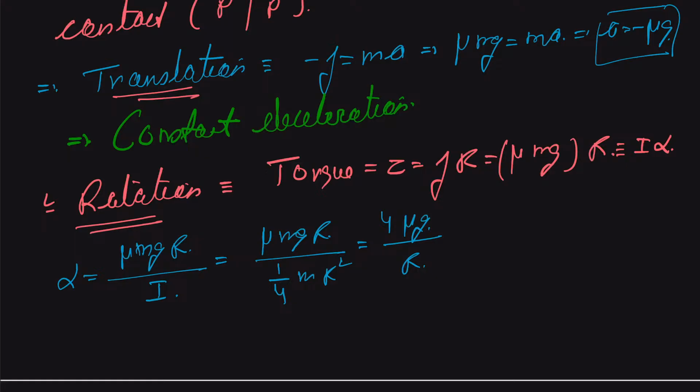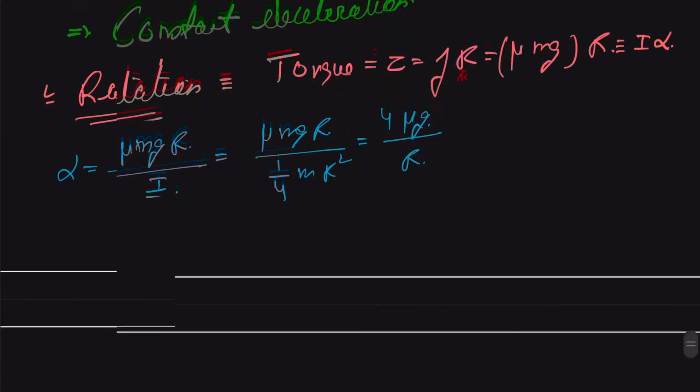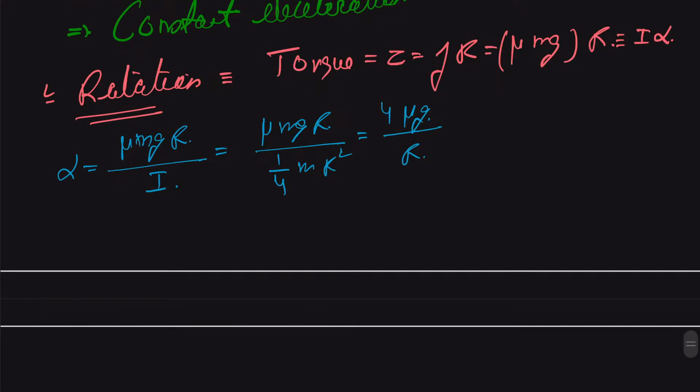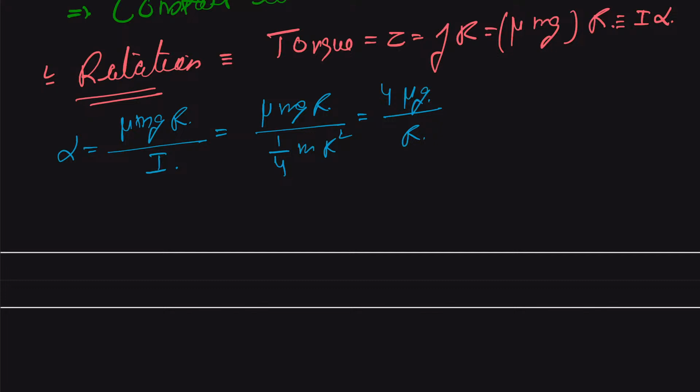Now we can use the basic equations of kinematics to find the final translational motion as well as the rotational motion. We know that finally the coin is going to stop, so its translational velocity as well as angular velocity will both be equal to 0.